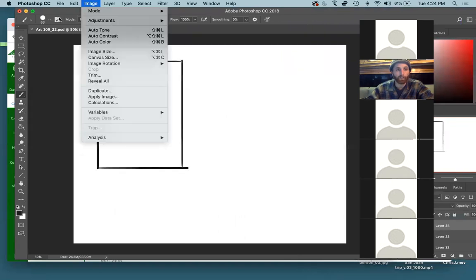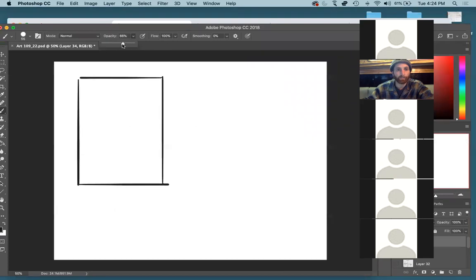Let's just do another symmetrical one. Let's do that. Just think about how religious buildings are oftentimes designed symmetrically.